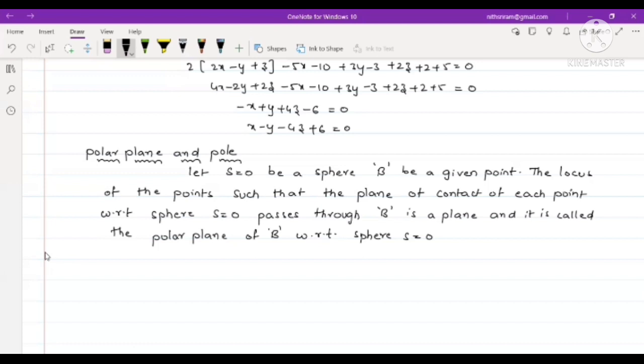Okay, with respect to the sphere S is equal to 0, the point B is called the pole of the polar plane.